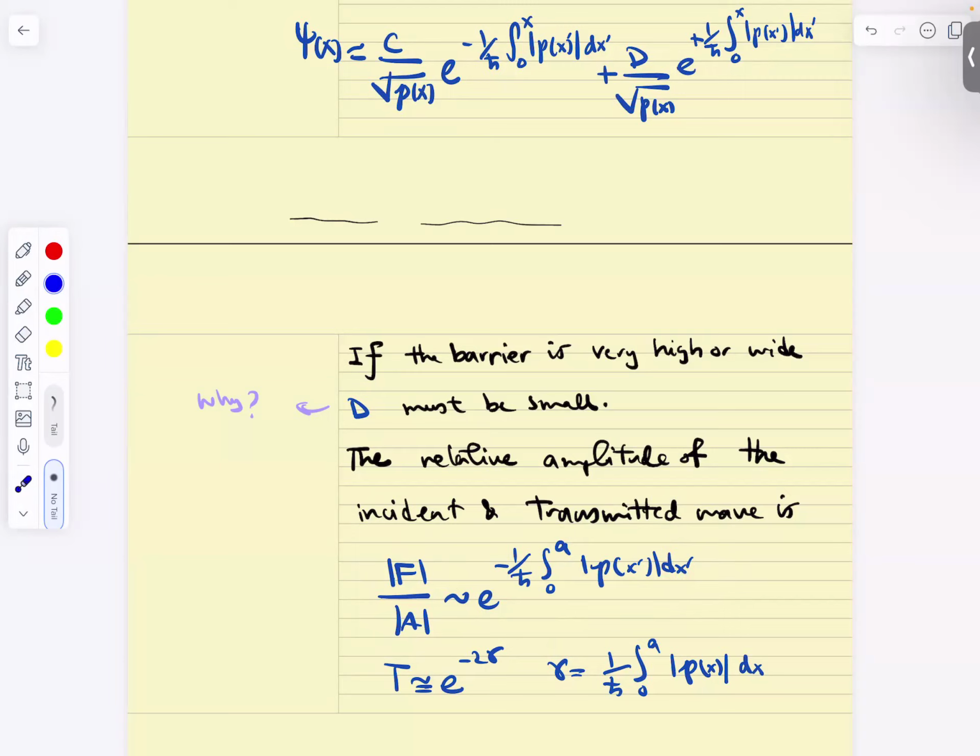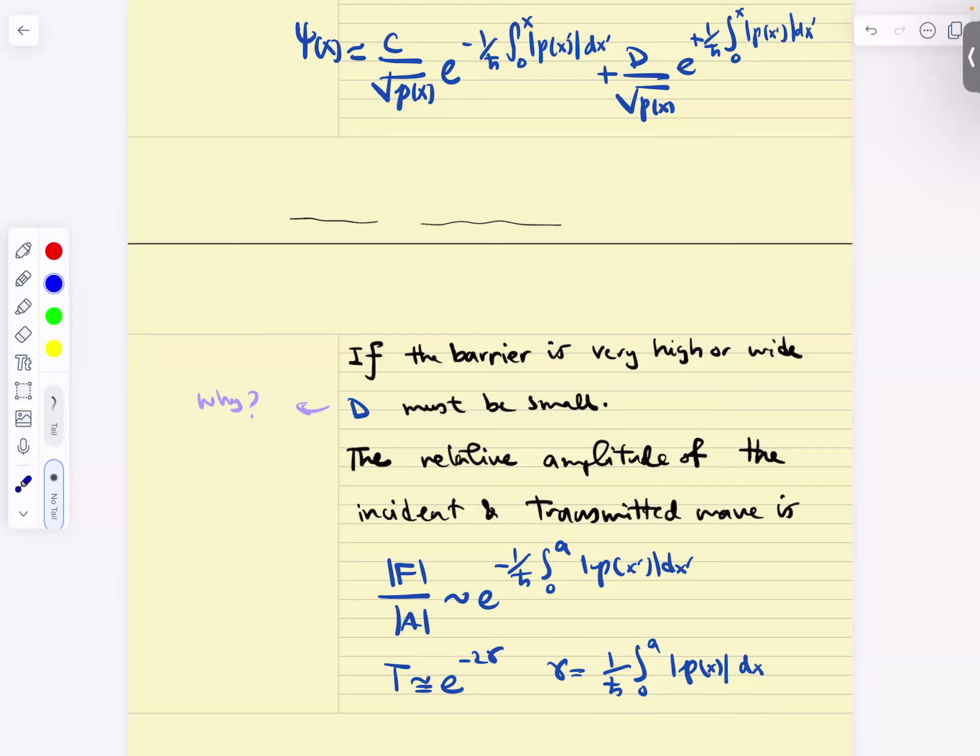The tunneling amplitude, quantum tunneling, the violation of classical physics, is basically F squared over A squared, because those are the probabilities. We can write it as e to the power of minus 2 gamma, and this is gamma.